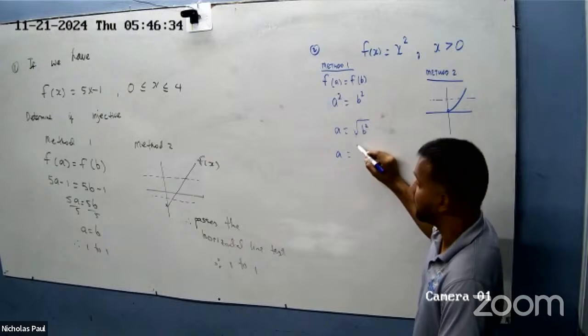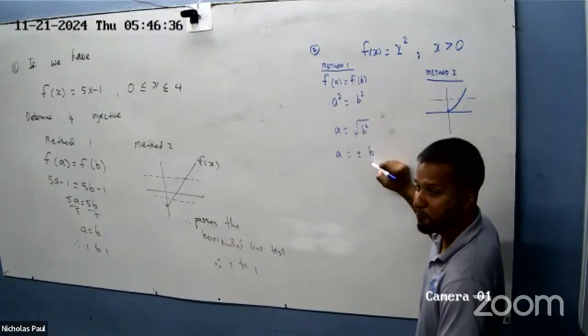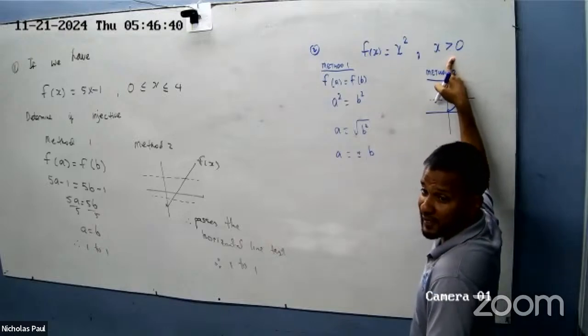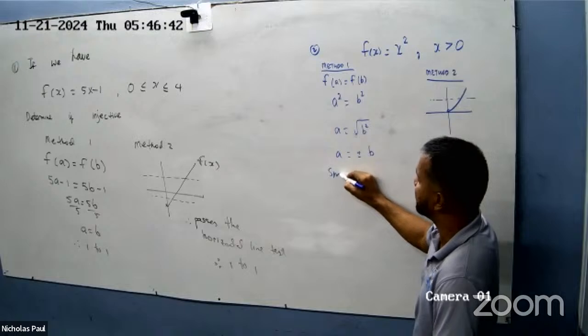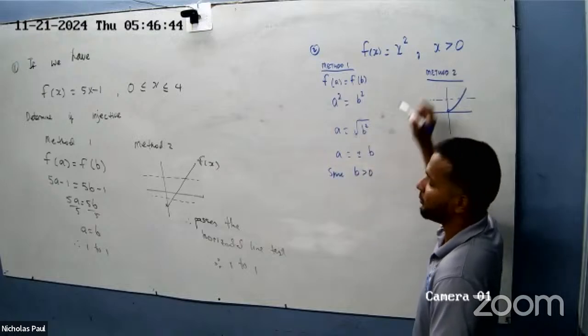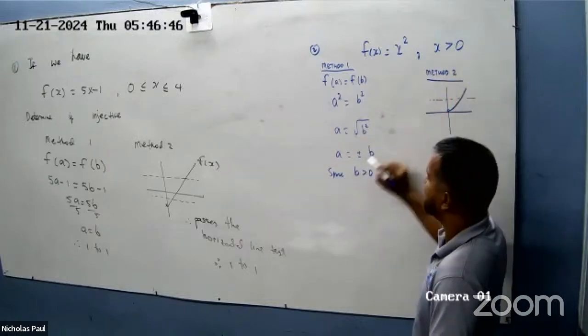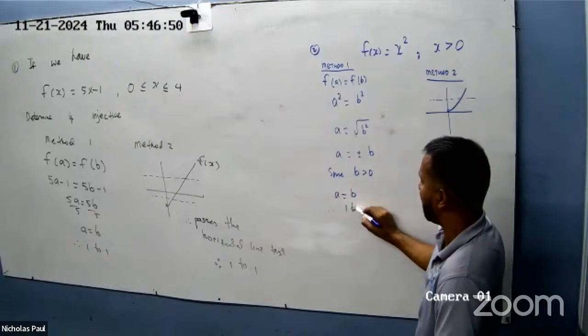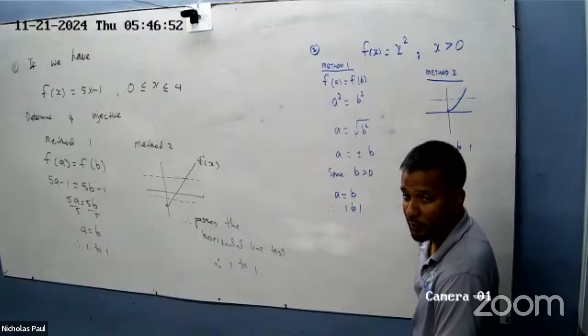Plus and minus b, right? But remember, x is only positive, so b could only be positive. Since b is more than 0, a is equal to b, therefore 1-to-1.